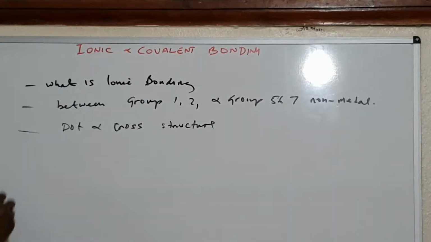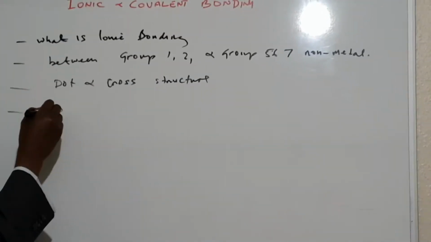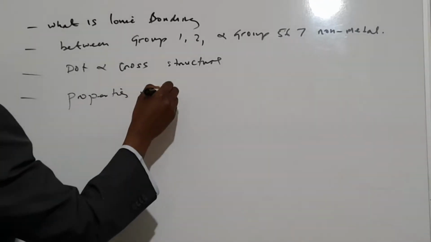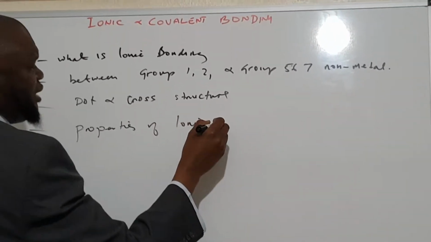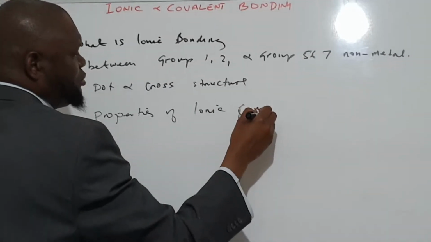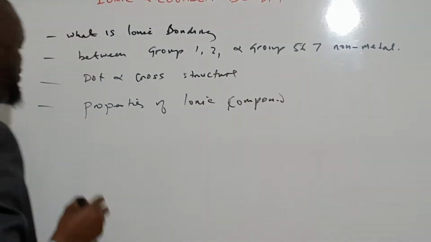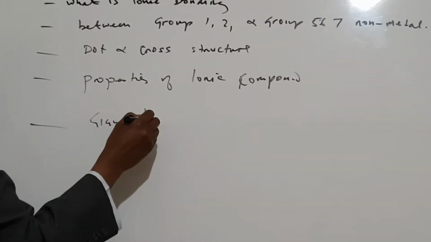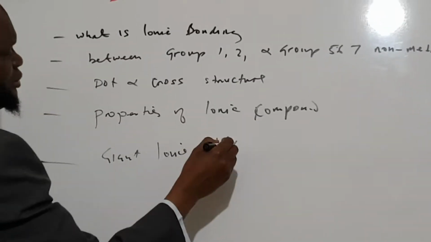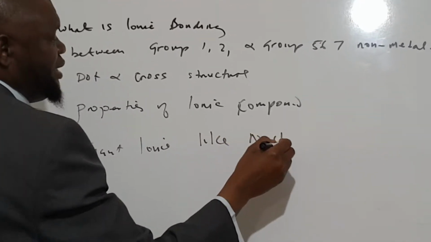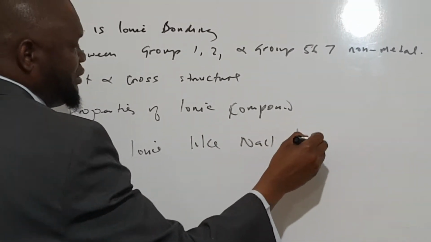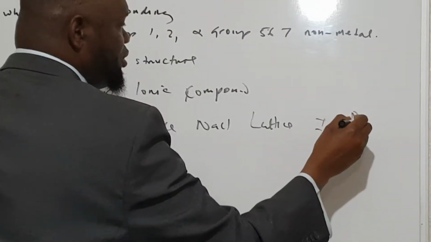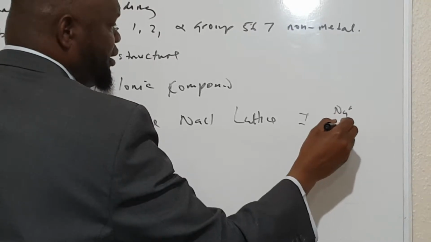And we will be looking at the properties of ionic compounds. And then we look at the giant ionic compounds like sodium chloride. You call it a lattice, because sodium chloride has positive and negative ions in it. You have sodium positive and chlorine negative.